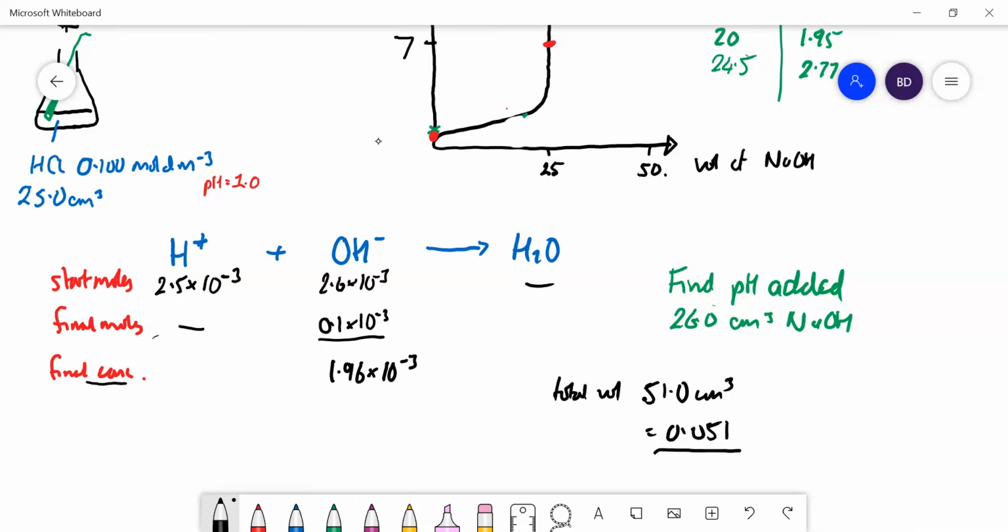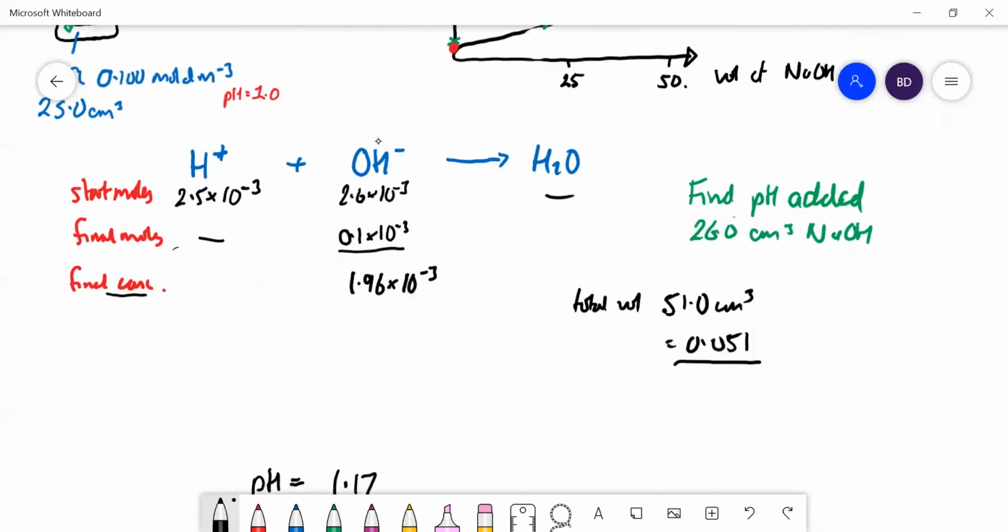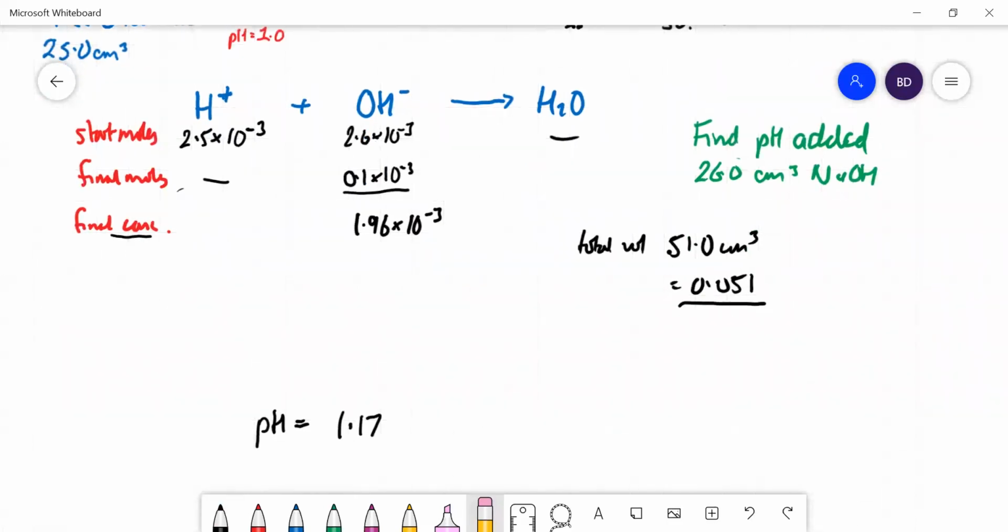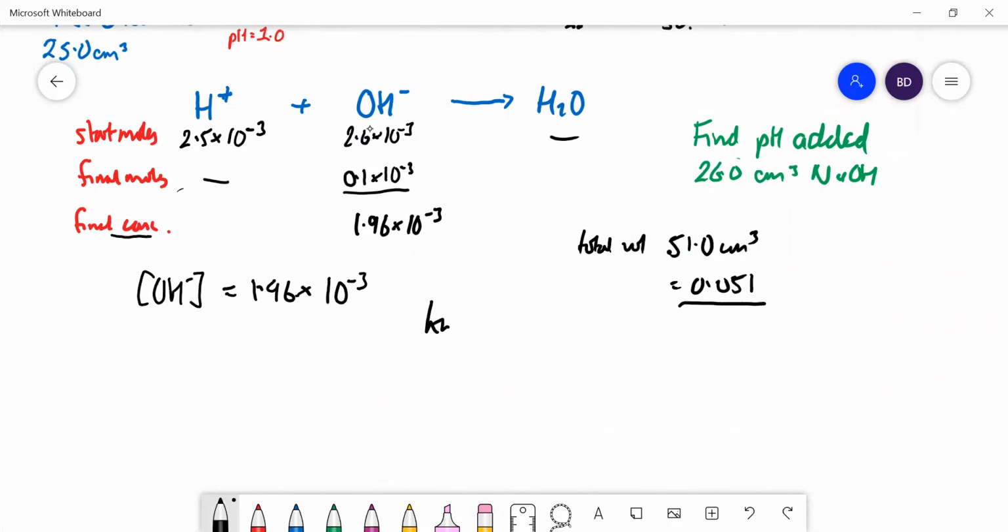Now we know the OH minus concentration, but we want to work out the pH. So we need to use Kw, and Kw is 1 times 10 to the minus 14. That's the value at 298 Kelvin. Strictly speaking, the units are moles squared per decimeter to the minus 6. Let's remind ourselves what Kw is equal to: OH minus times H plus.